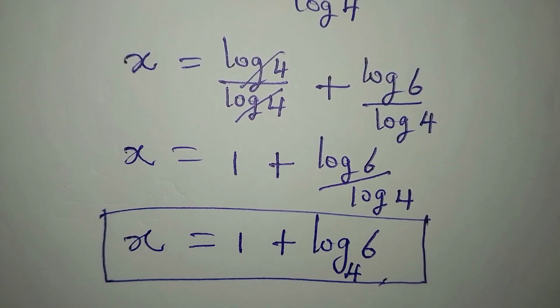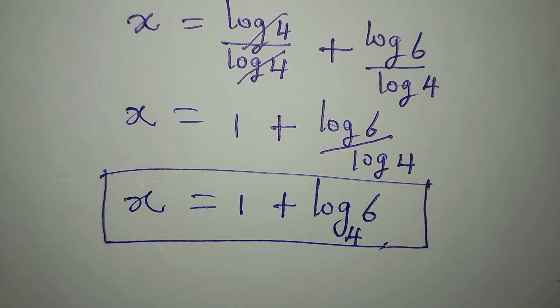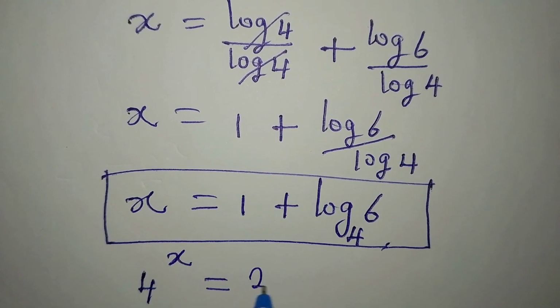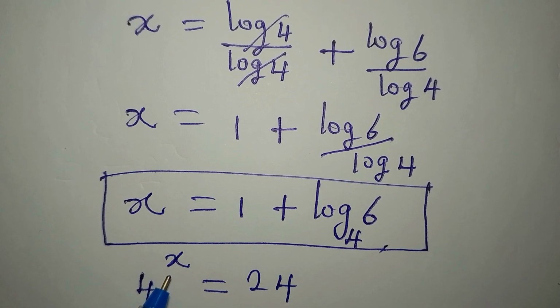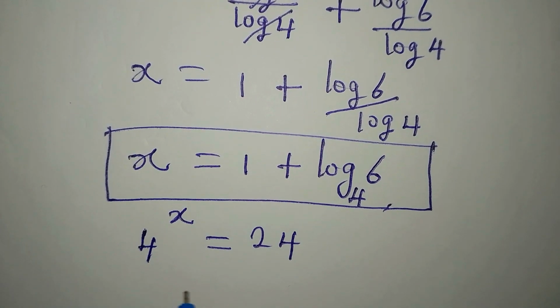But then we have to take it back to the equation, and then we confirm this. What is the root equation? We have 4 to the power of x equals 24. So if I put this value of x here now, do we have 24 on the right? That is the question.